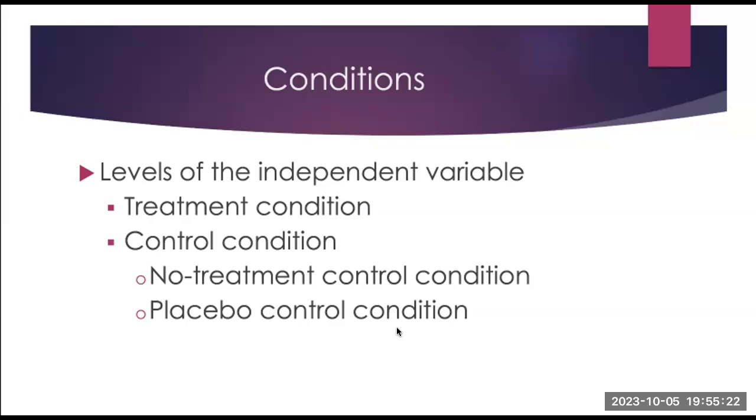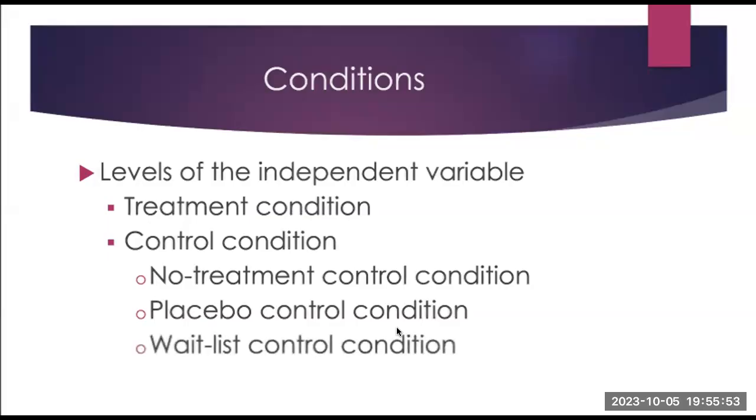So oftentimes, instead of having it nothing at all, we'll have what we call a placebo control condition, where they think they're getting caffeine, but they really aren't. That's because the psychological power of suggestion actually does impact how participants perform in studies. So the more we can have participants believe that they're in the experimental group, the stronger the structure of our study.